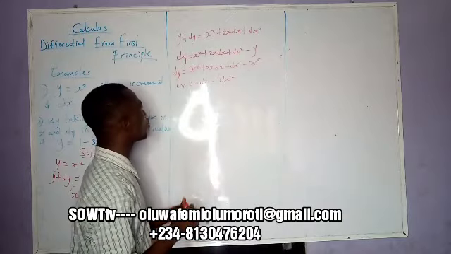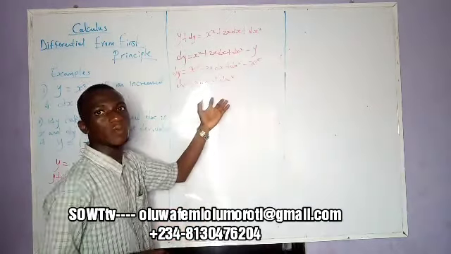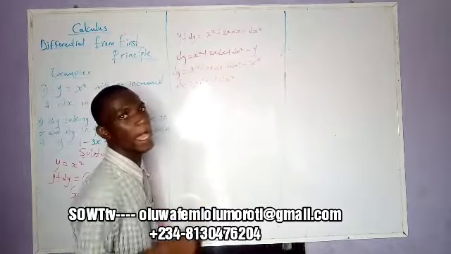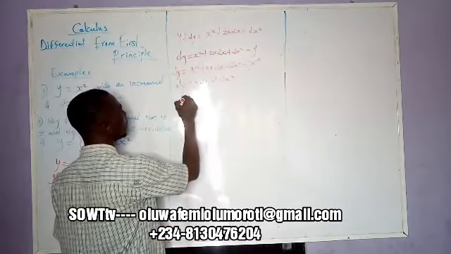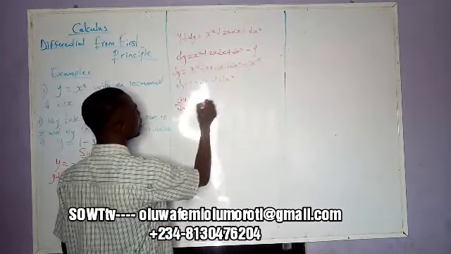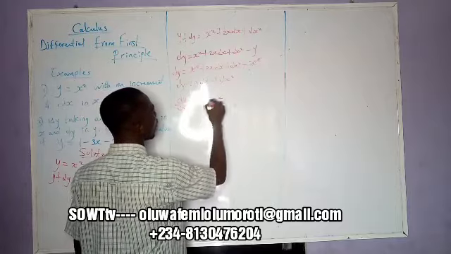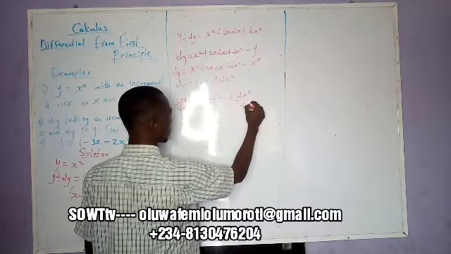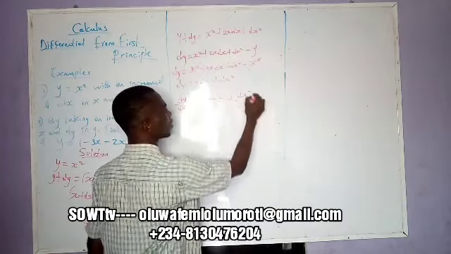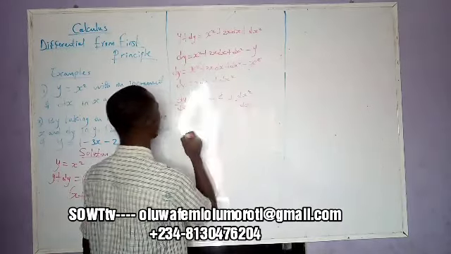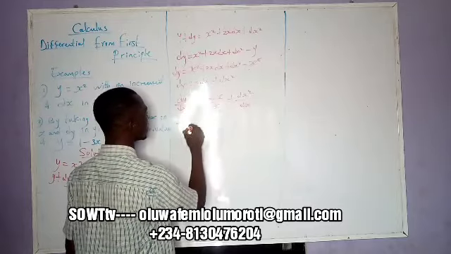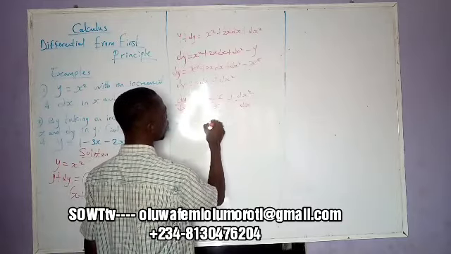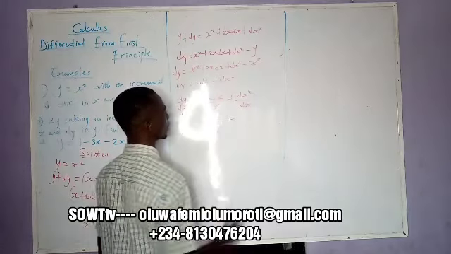After this, we apply the third step, which says divide all through by dx. So we have dy over dx equals 2x dx over dx plus dx squared over dx. So dx cancels out, dx cancels out. We are left with dy/dx equals 2x plus dx.